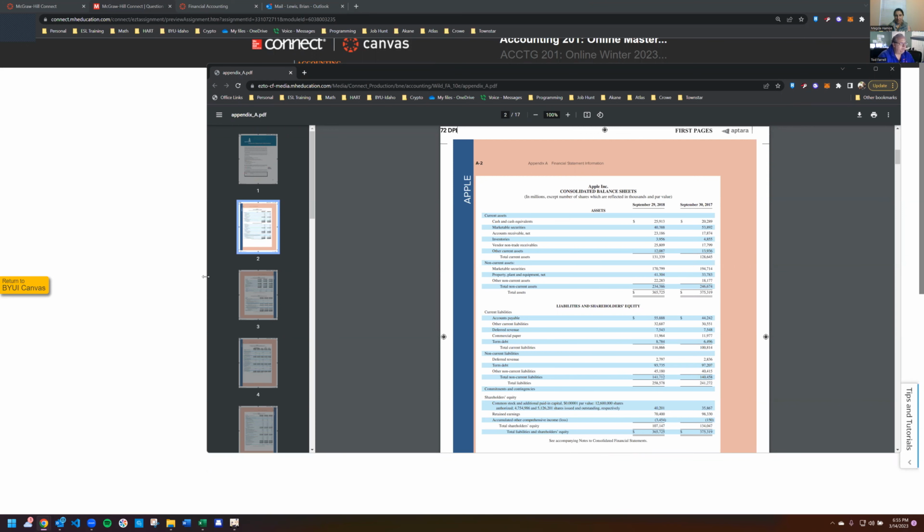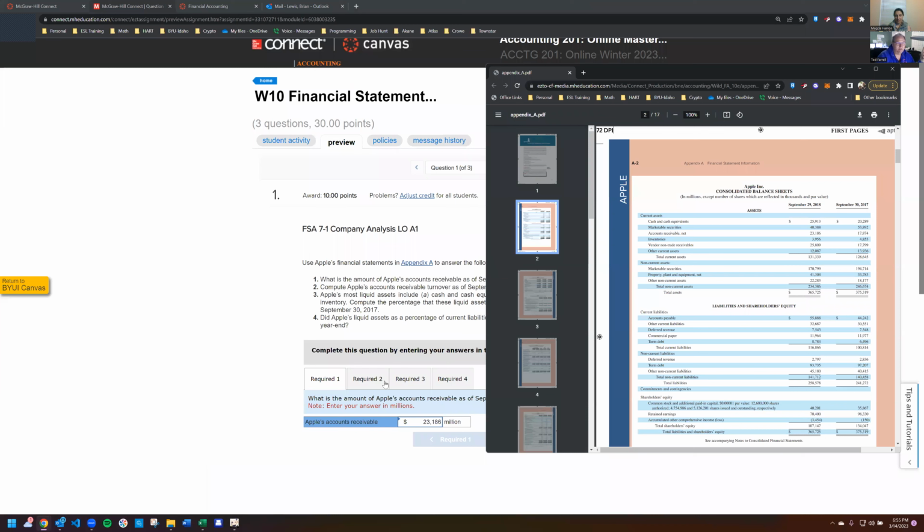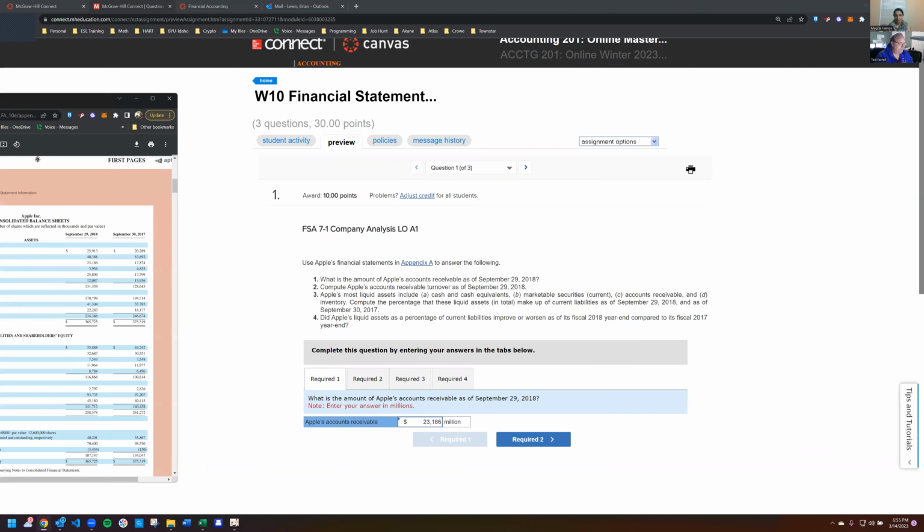So the first requirement I got right. That was no problem. That was just looking at the spreadsheet and pulling what the 2019 accounts receivable net amount was. It's the second requirement that I messed up on.